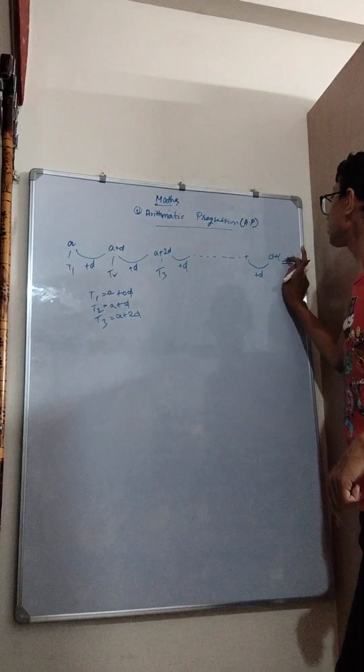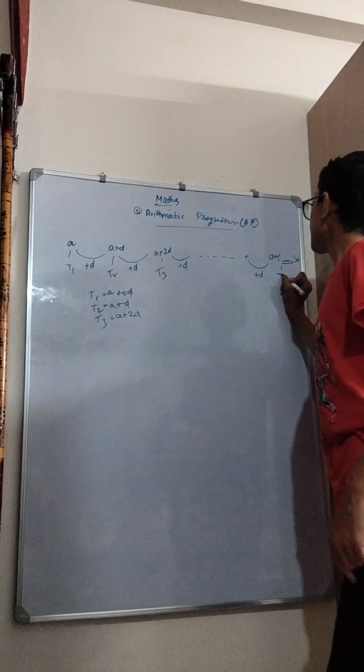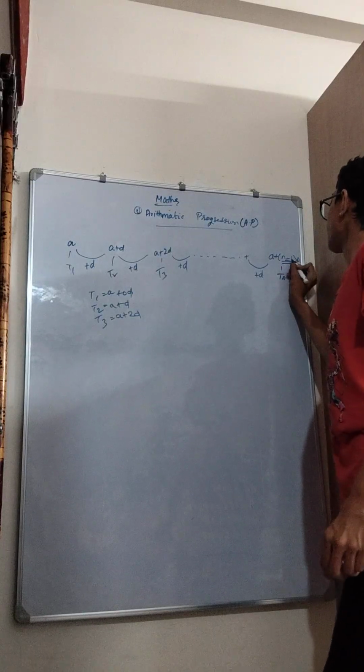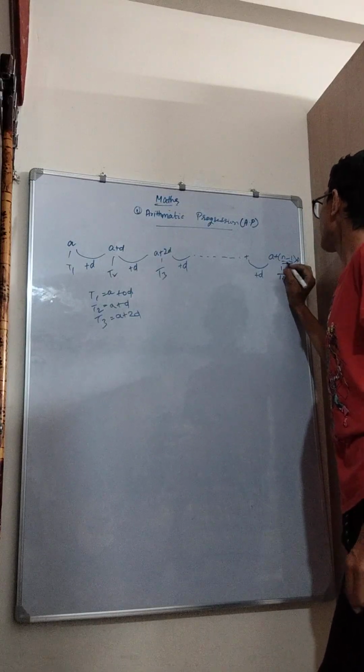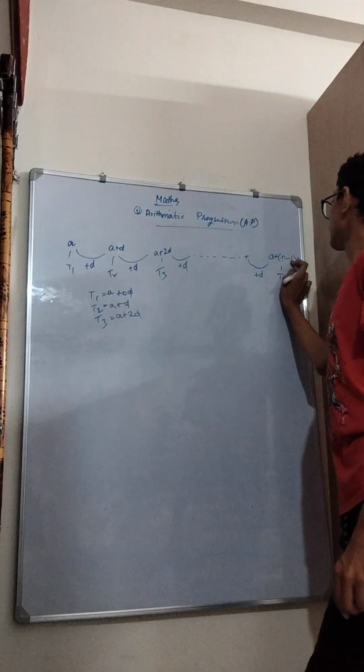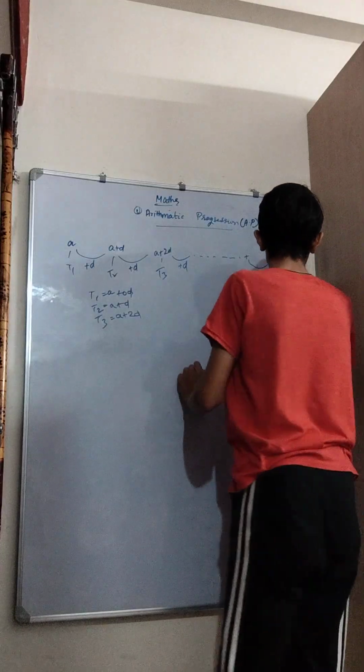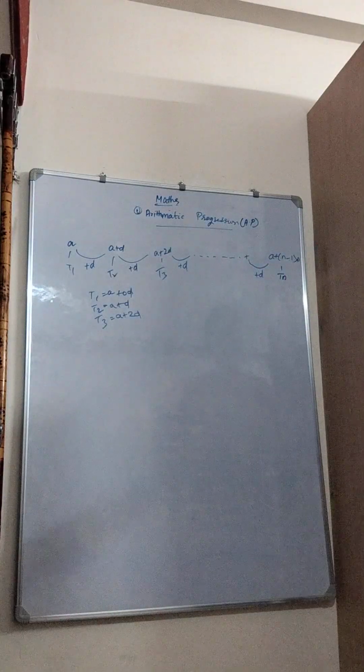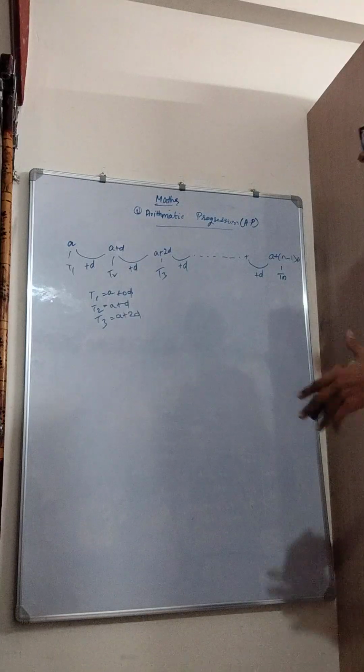Then Tn would have n minus 1 D. So Tn would have n minus 1 D terms.